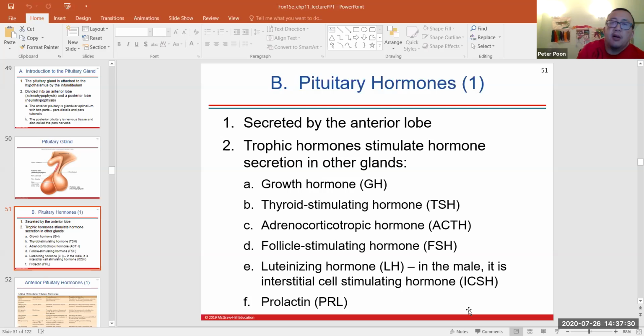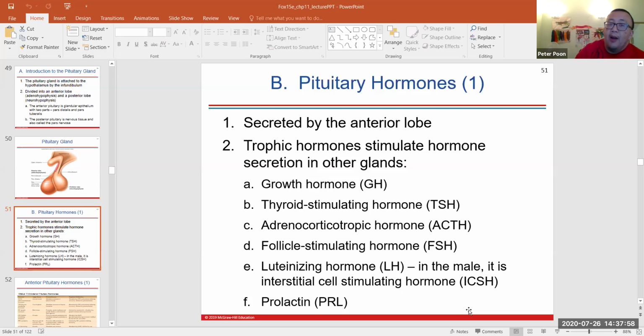The pituitary hormones, the tropic hormones, stimulate hormone secretion in other glands. Growth hormone, the other name for growth hormone is somatotropic hormone. Soma, body, tropic, hormone that controls other hormones.